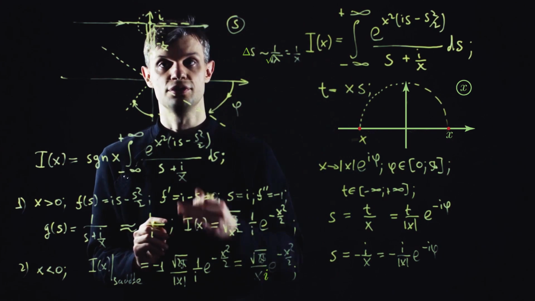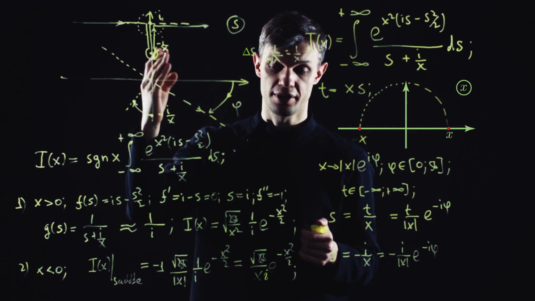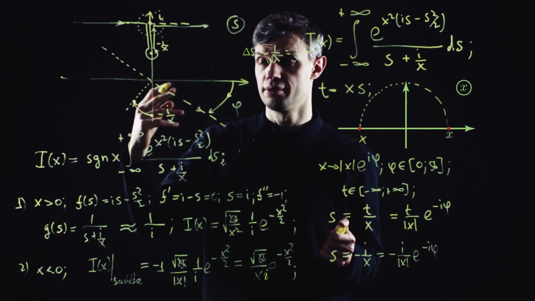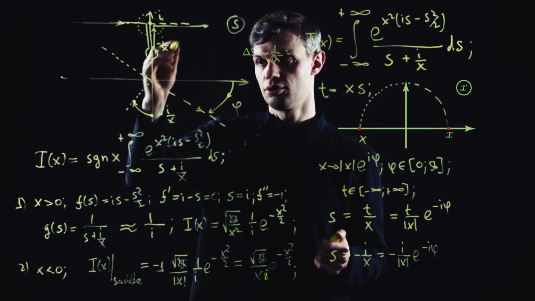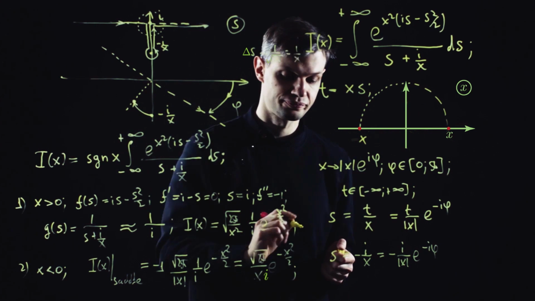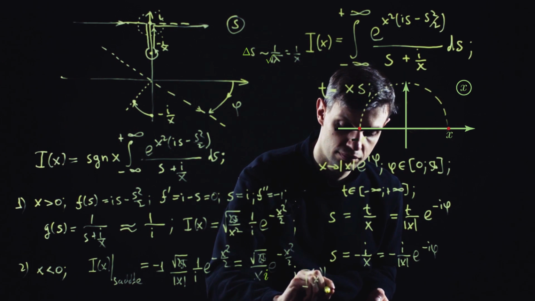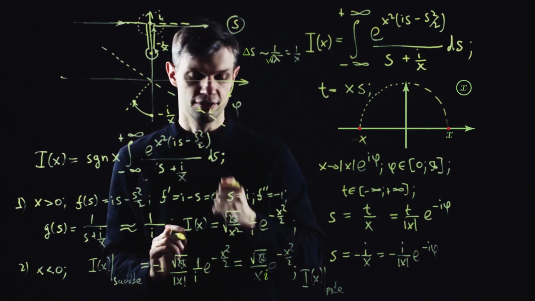And now the contribution from the pole. Again, it's a simple pole, and the contribution from a simple pole is simply, so here the direction is positive, counterclockwise, so it's 2 pi I times the residue of the function. Okay, let's keep in mind this negative sign in front of our integral.